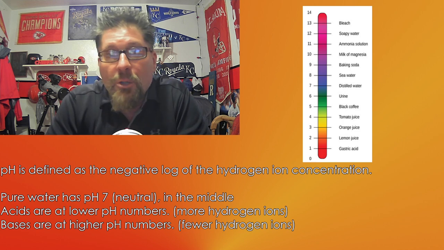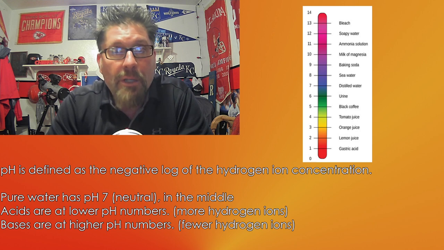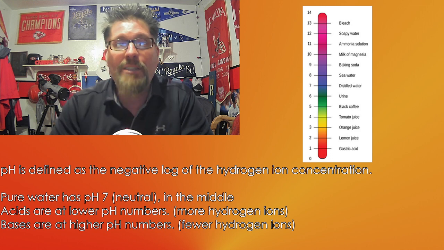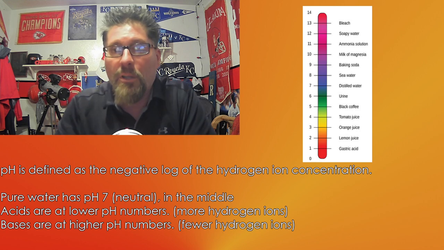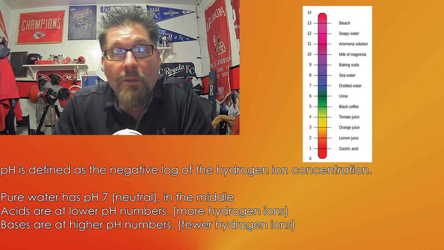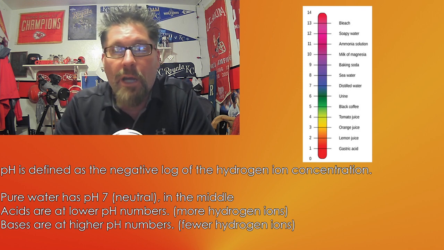7 is neutral. That's where a lot of the systems inside of our cells like to be. Blood, water, the plasma, anything like that likes to be in that 7 ballpark to be neutral. Anything lower than that is an acid on the number scale. Anything higher than that on the number scale would be a base.